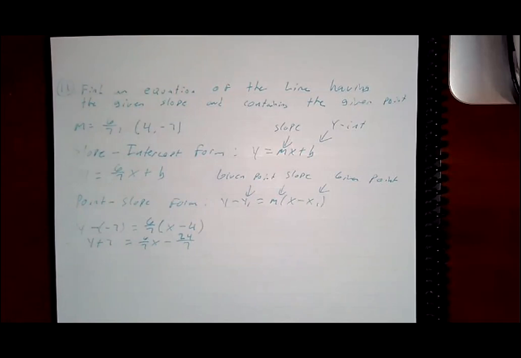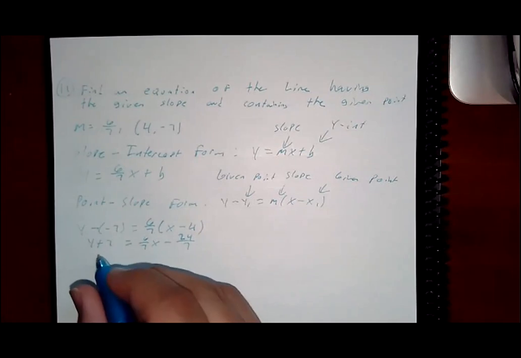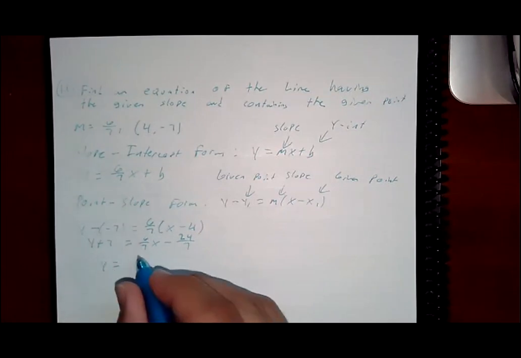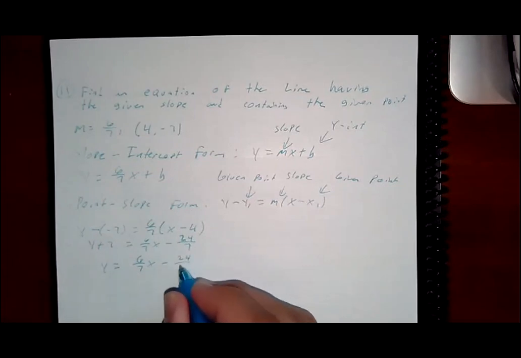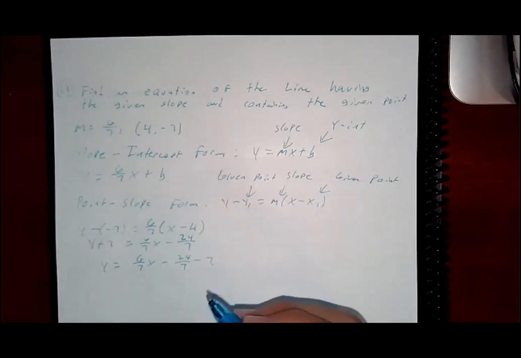So at that point, you just subtract the 7 over here, and we're good. So y will equal 6/7 x minus 24/7 minus 7.